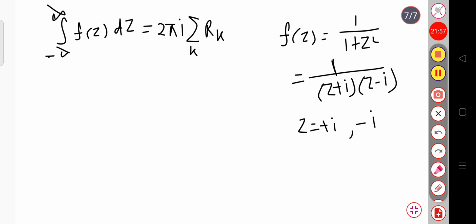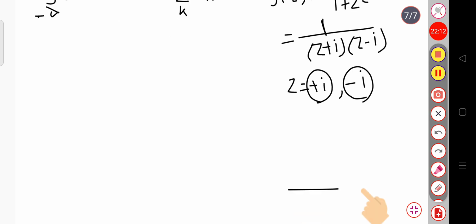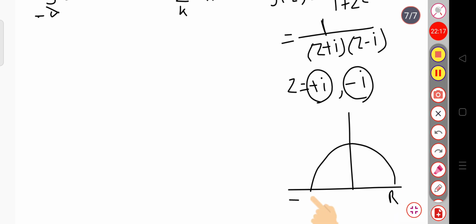So now what is our basic aim? Now we will see whether this plus i term or this minus i term lies inside that contour or not. So for the contour, this is our contour, it varies from plus r to minus r, and this is our total contour. So now tell me whether this plus iota and minus iota term lies within the circle or not.